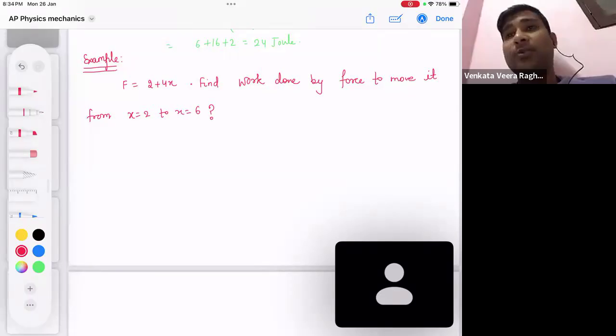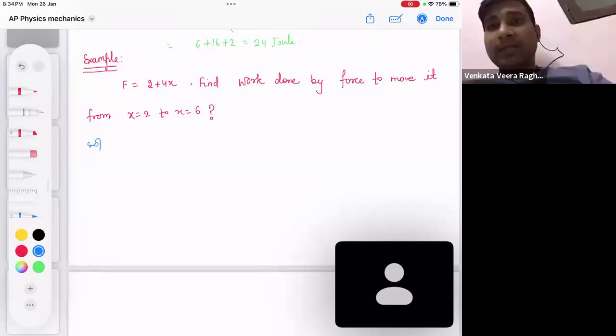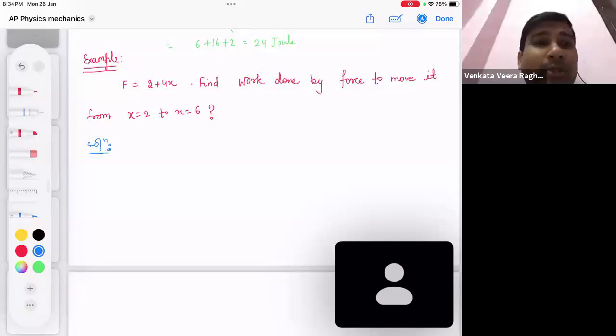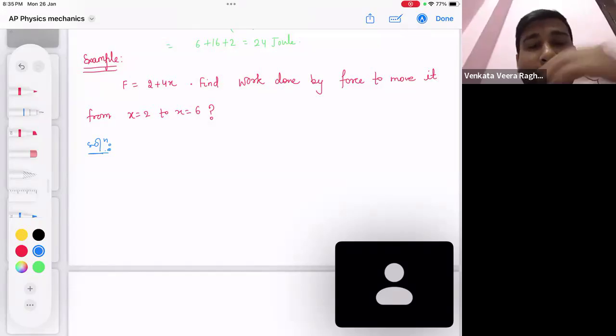Please tell me, should I use integration here to calculate the work done? And the reason is what? The reason is that the force is variable in nature, right? Force is changing as per the x direction. So that's why, if force is variable in nature, what should we do? We should find out the work done using integration. Okay, so please tell me how much is that coming?